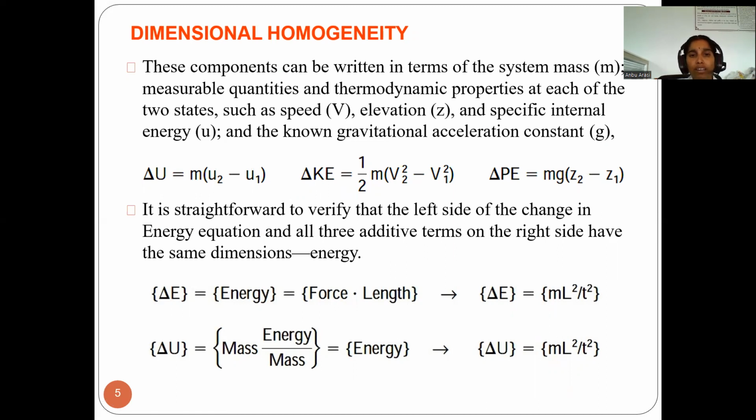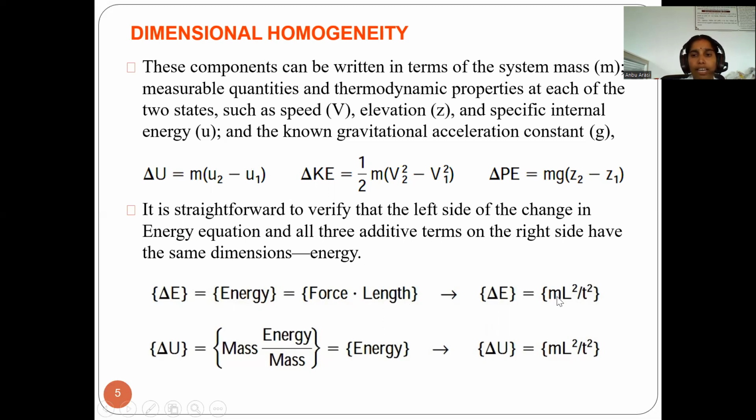It is straightforward to verify that the left side of the change in energy equation and all three additive terms on the right side have the same dimensions. Delta E, energy, is equal to force into length.